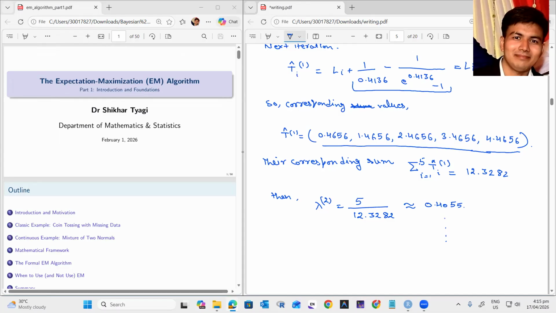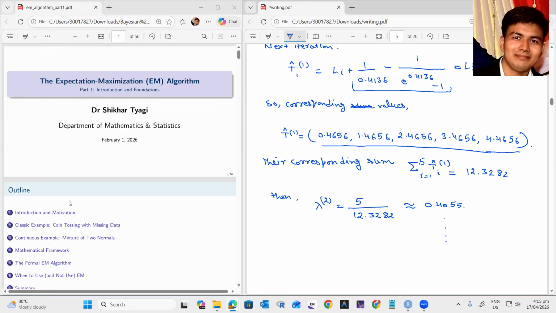In interval censoring this is especially useful because the exact event times are hidden and direct maximization is difficult, and EM gives a simple iterative update, and the method uses all partial information efficiently. All right, so this is your numerical example for the interval censoring.